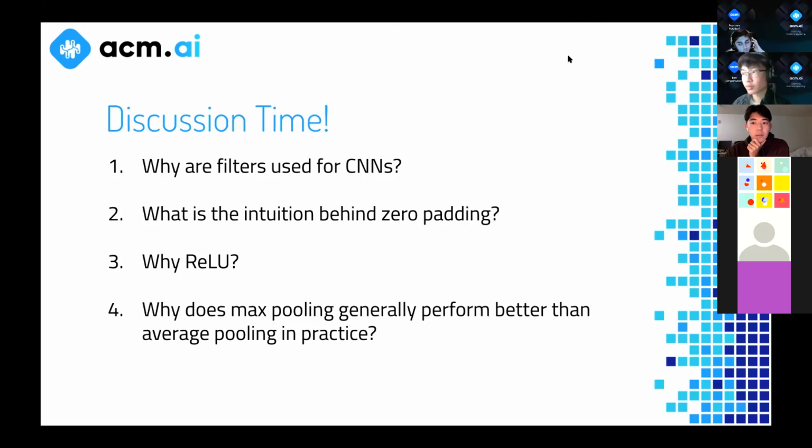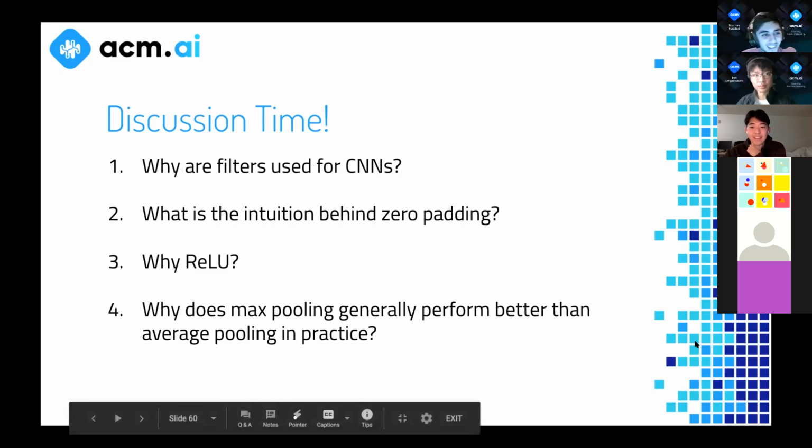Again, you can answer in chat or unmute. So why are filters used for CNN? Let's go lightning round, guys, because we know you guys know these at this point. Anyone?